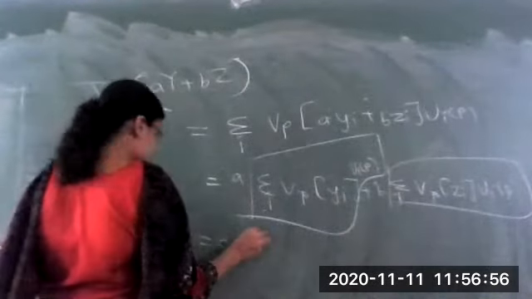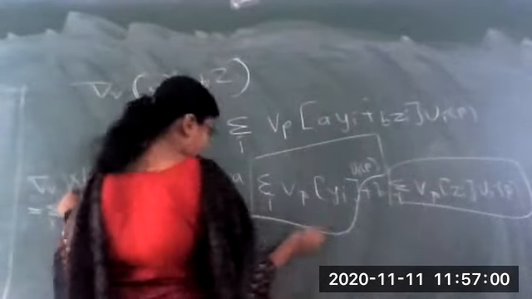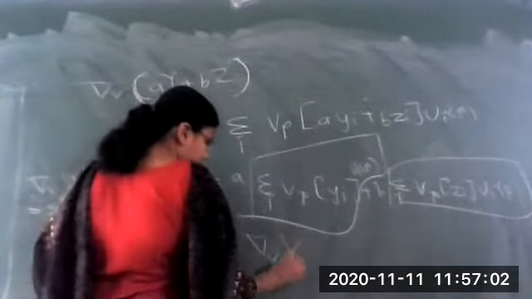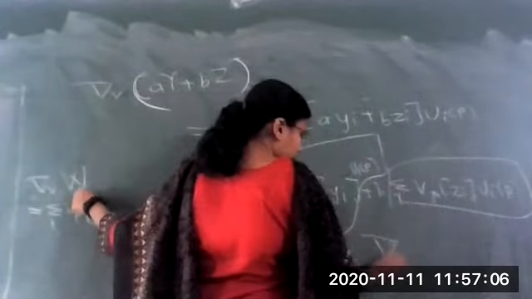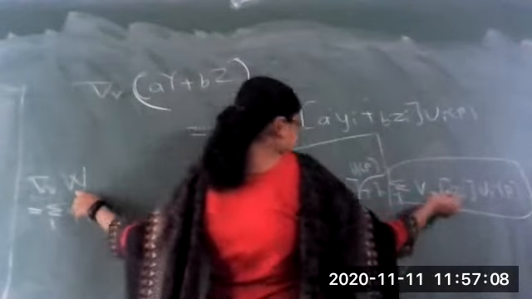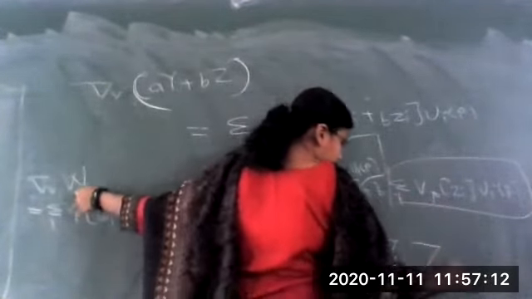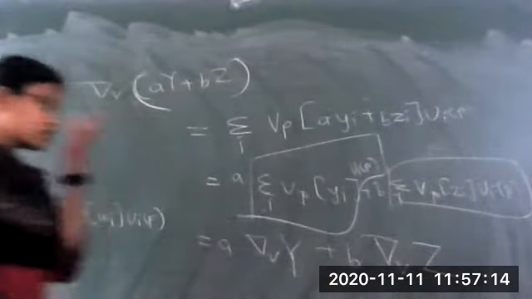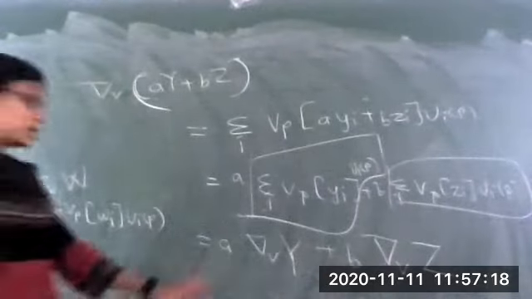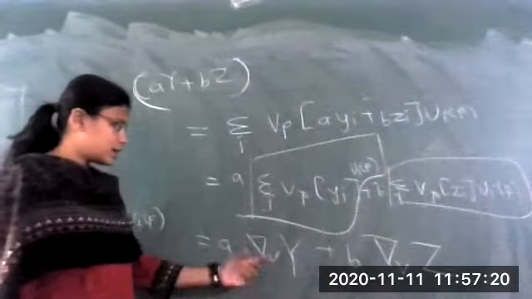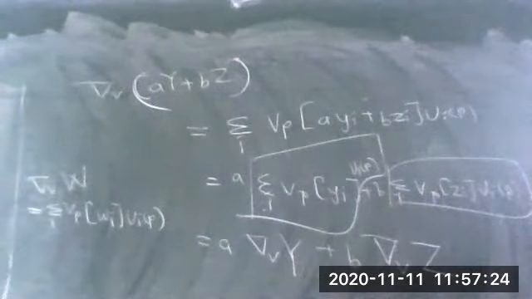The tangent vector V is the same, but what is the vector field? Instead of the vector field W, we have the vector field Y, plus b times, instead of the vector field W, we have Z. What are the Zi? Zi are nothing but the coordinates, that is the coefficients of U1, U2, U3. So we can write a del V Y + b del V Z.